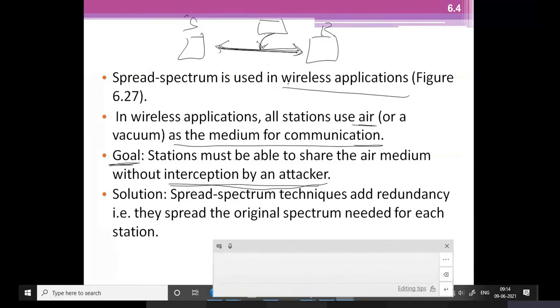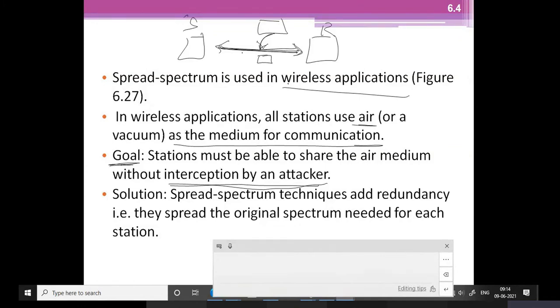Once again, there are different types of attackers; you will learn those things in security-related courses. The user may just observe the data and misuse it, and some attackers can even manipulate the data.